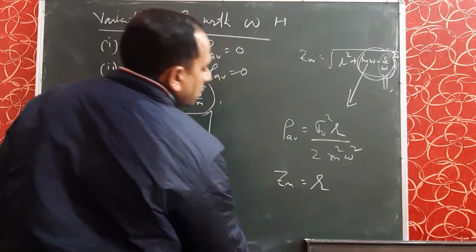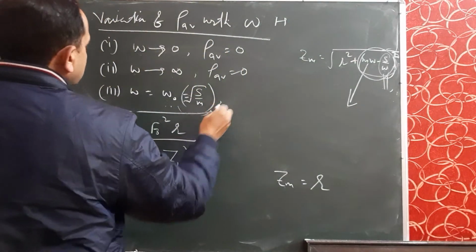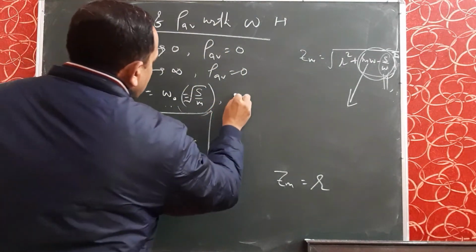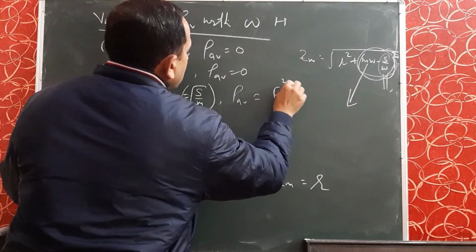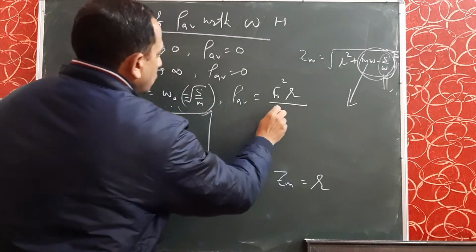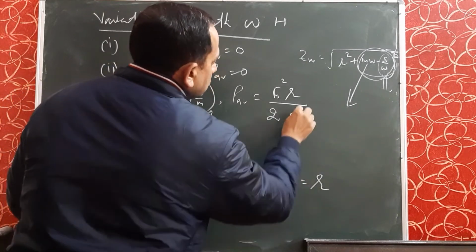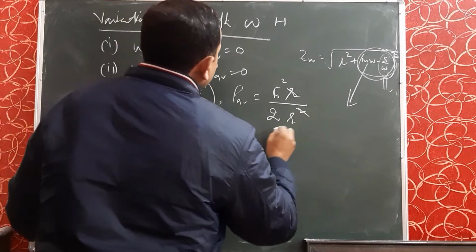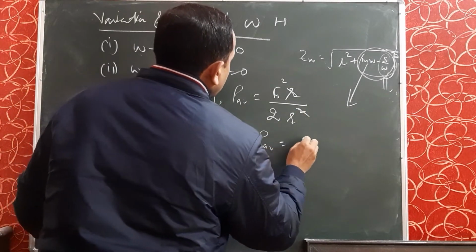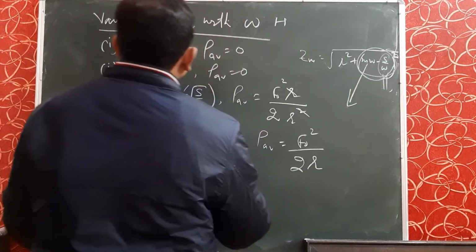So Zm becomes r at resonance. In that case the average power becomes f0 square r over 2 into Zm square, that is r square. So this r cancels with r, and finally the average power is f0 square upon 2r. So this is the third point.